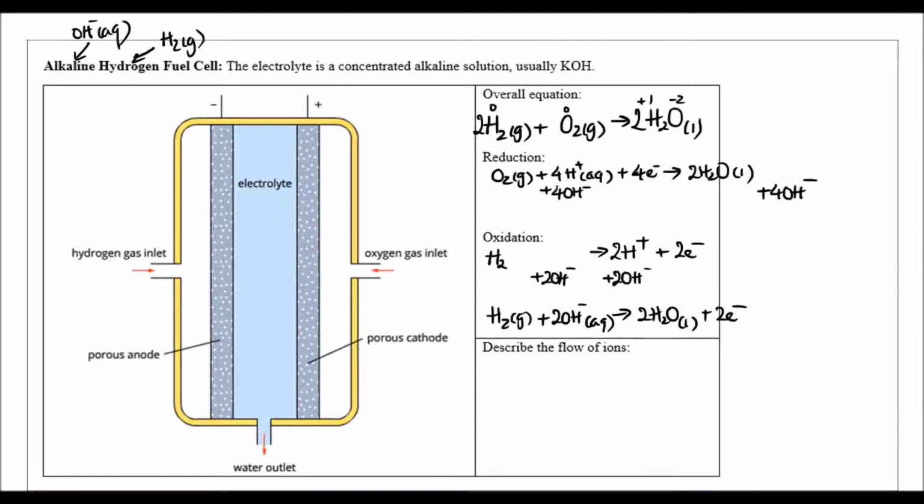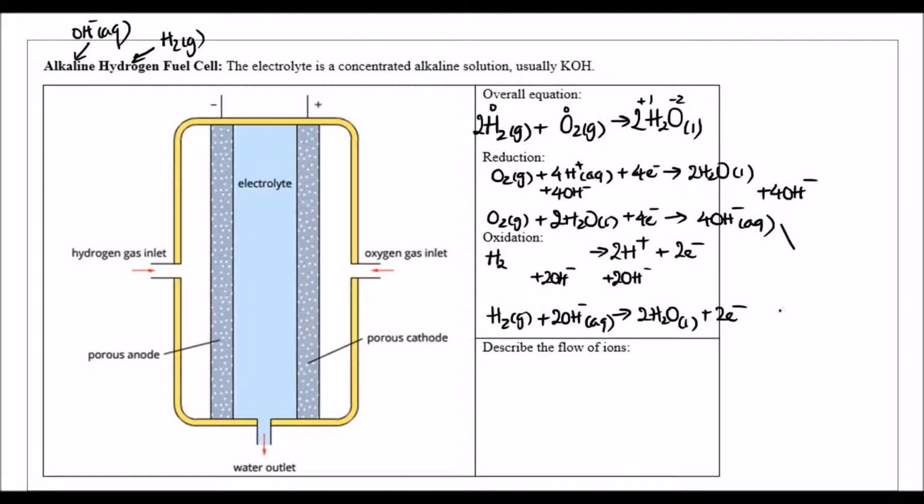So you would have 4 H2O, and if we cancel out H2O, I end up with 2 H2O left, because there's 2 on the right, so I need to cancel that out. 4 electrons equal to 4 OH minus. Alright, so these would be the reduction and oxidation half equations under basic condition.